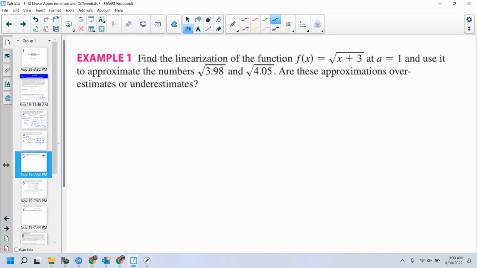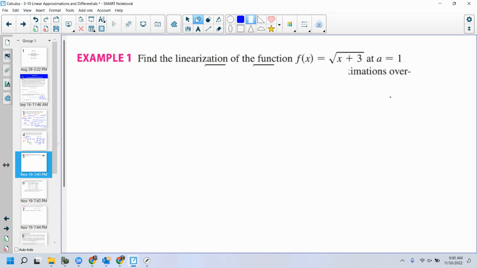And we're going to pause there, and I'm going to hide this for right now because we're going to do something with it in a second. So let's just start off by finding the linearization. We're going to linearize. It's a fun word to say, linearization of that function.